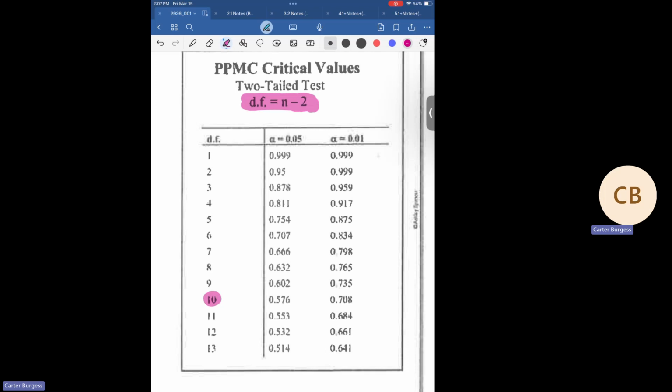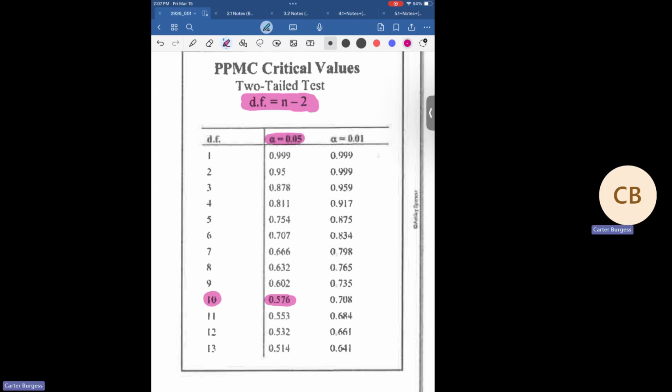What was our alpha value? It's the general one that we're pretty much always going to use: 0.05. And so what is the threshold for when we should be surprised? That right there, that 0.576, is the point at which we should pause and say, now hold on a second, this is suspiciously strong.